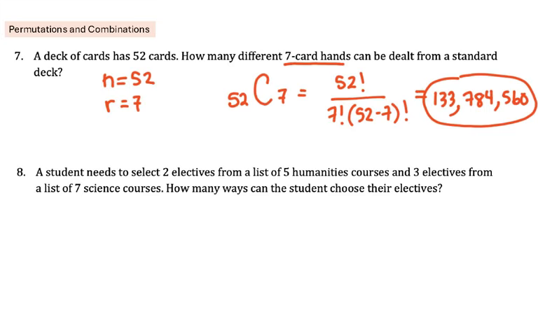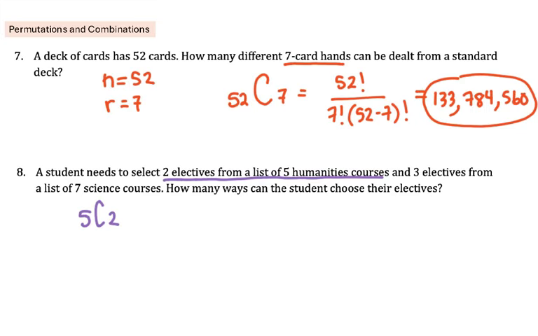Okay, this next question's a little more complicated, so let's read it carefully. A student needs to select 2 electives from a list of 5 humanity courses. So that means we're starting with 5, and we're going to choose 2. Order doesn't matter, because what's the difference if you say you're choosing the first class and then the second class? Order doesn't matter which way you choose them.